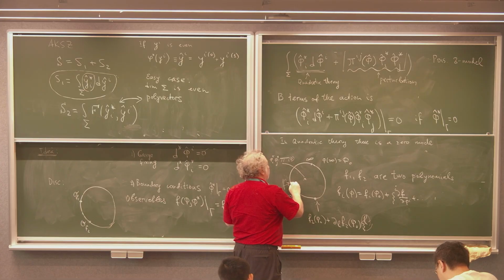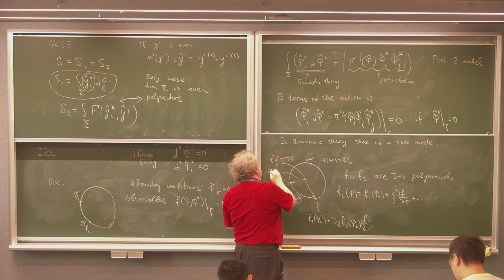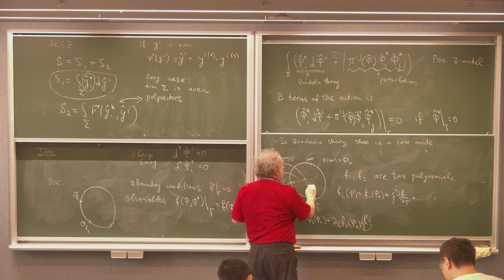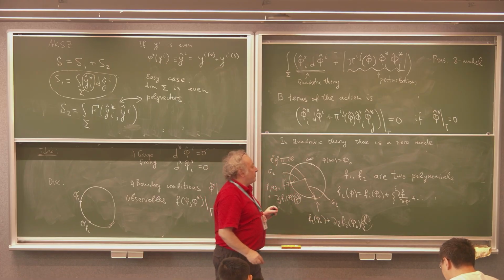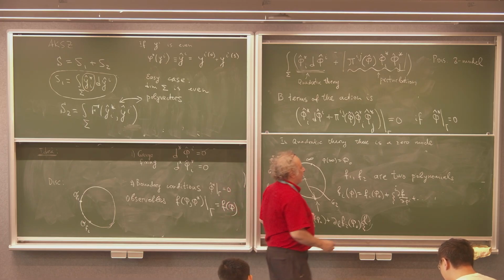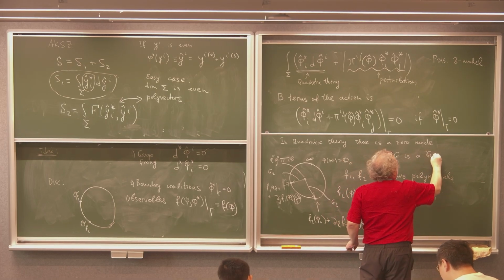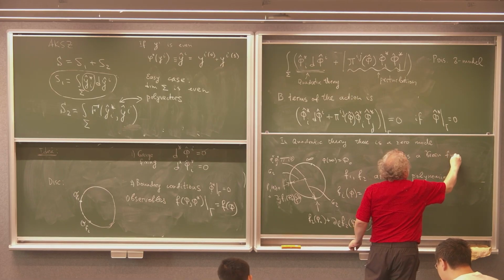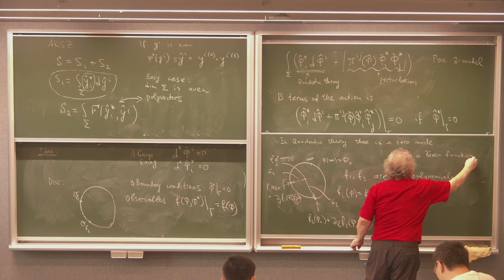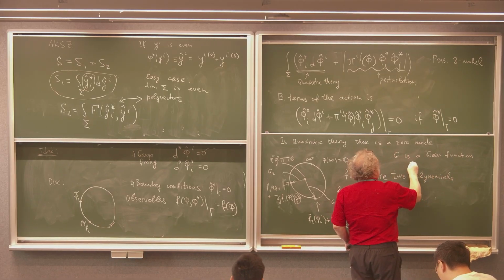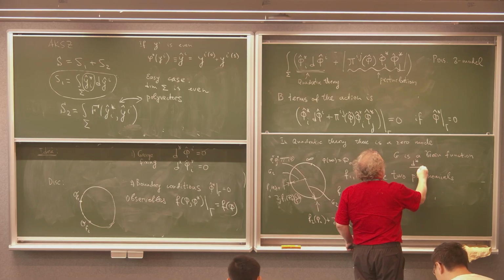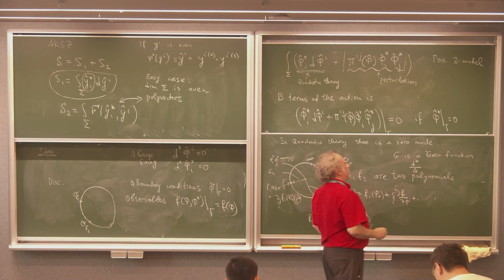And I draw two Green functions. So these are Green functions of the operator, G is a Green function, roughly speaking, star over the Laplacian.